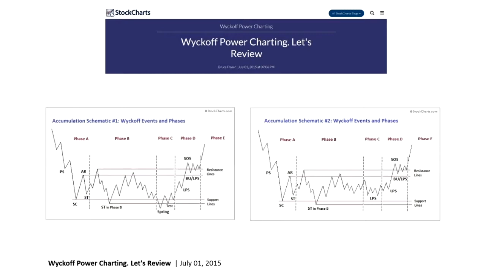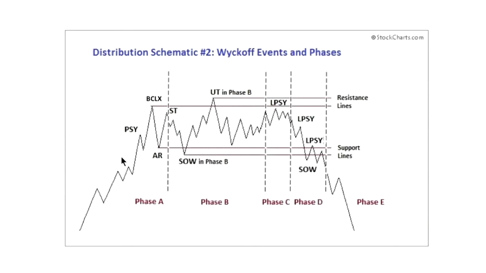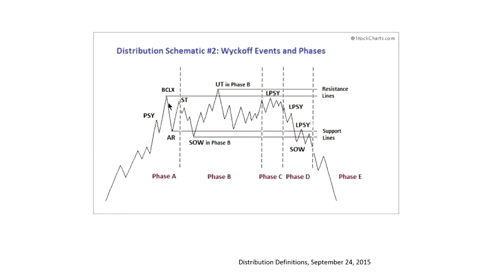So I'm not going to spend any more time on this, and of course you're welcome to go back through the blogs and look. So here, this is the schematic we're not going to talk about today. But you can see it here in this blog, and so the notion is that after a big long uptrend, we have a crescendo of like a buying panic, which we call a buying climax.